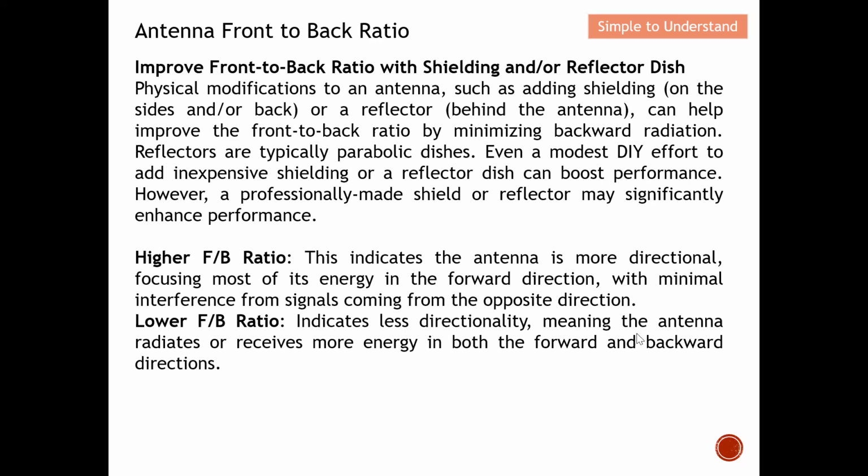The antenna radiates or receives more energy in both the forward and backward directions. In short, this may not be a bad thing. For example, if you want to receive signals from the front and also the back, we may even want to optimize the antenna to have a lower front to back ratio.